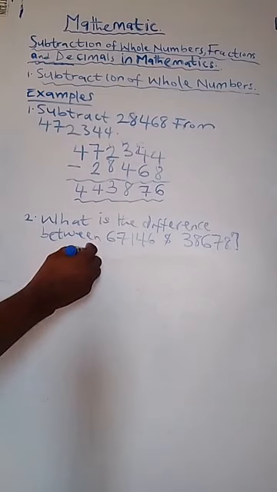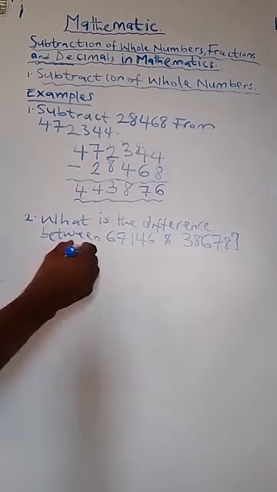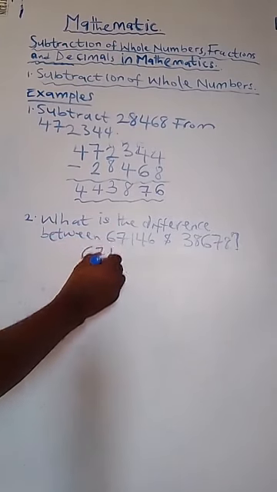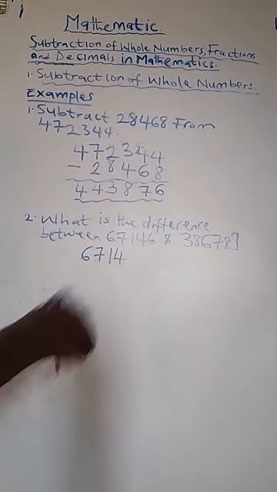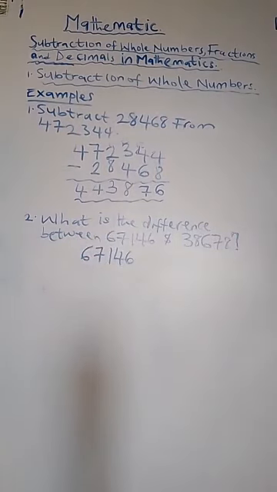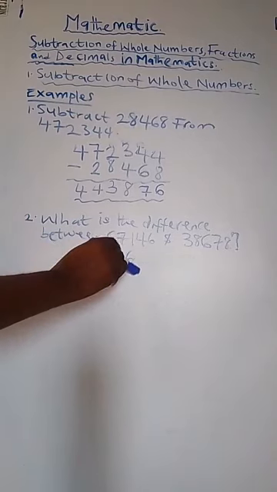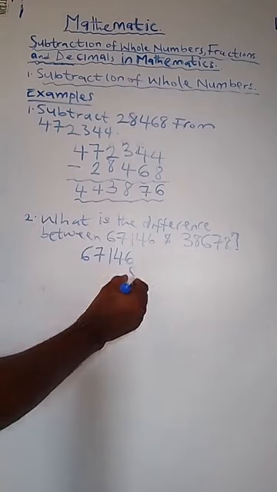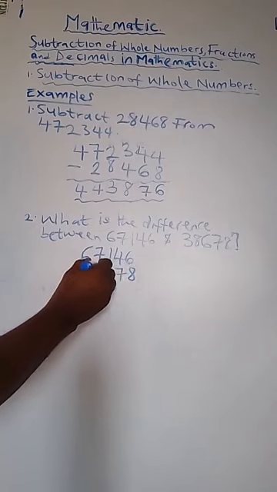So that's the number we write first. 67146. Now, when you want to write the second number, like I said, you don't start writing from here to avoid mistake or error. You start writing from the back. So I'll write 8, 7, 6, 8, 3.